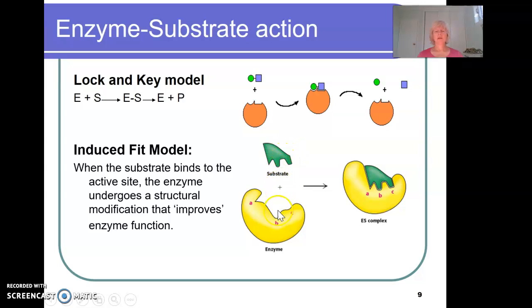So we think by doing that, it does something to the substrate that speeds up the reaction. So for example, it puts the substrate under tension, and then the substrate can break apart. So this is the more current model for how enzymes function.